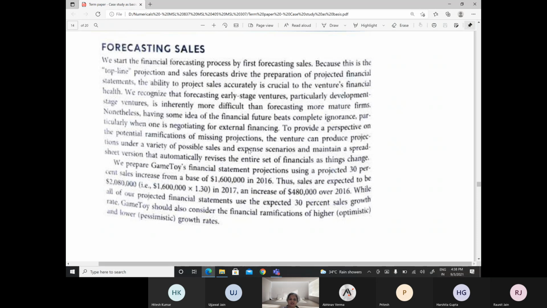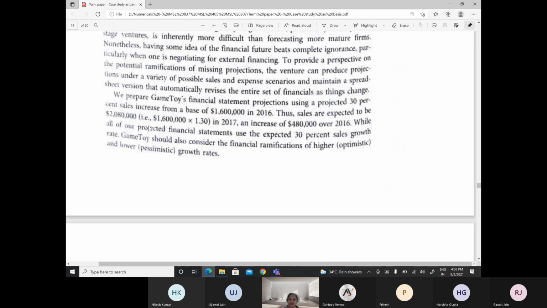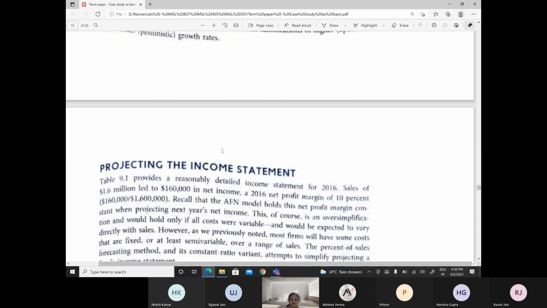Thus, sales are expected to grow by 30% to 2.08 million in 2017, an increase of 480,000 over 2016. While all our projected financial statements use the expected 30% sales growth rate, Game Toys should also consider the financial ramifications of higher and lower growth rates.